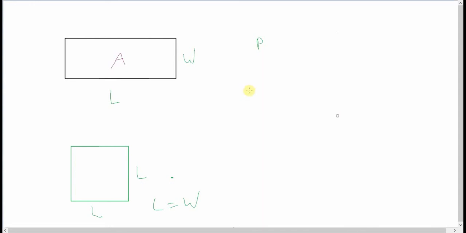In general, the area of a rectangle is length times width, and the perimeter is 2 times the length plus 2 times the width. If we're trying to maximize the area, we're trying to get as much area as we can for a given perimeter.